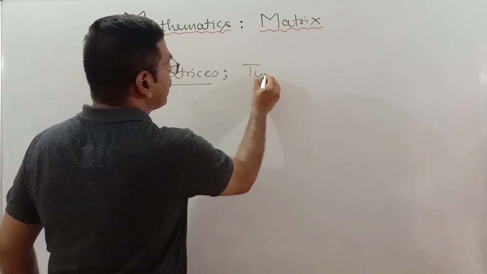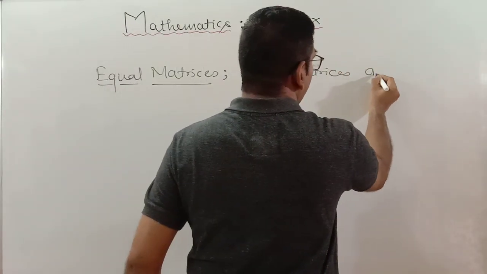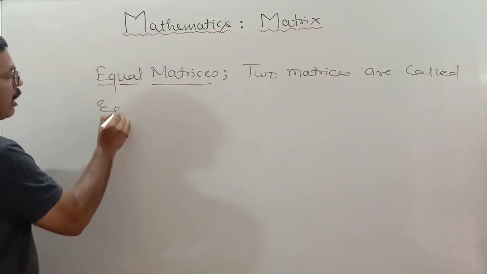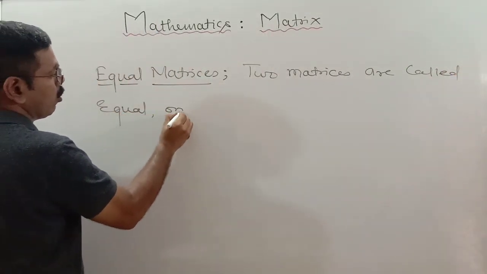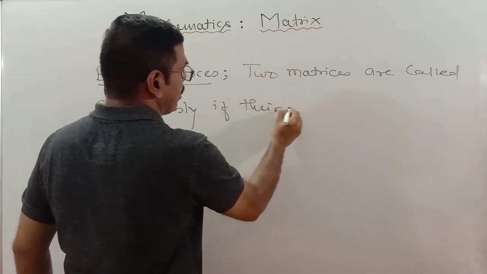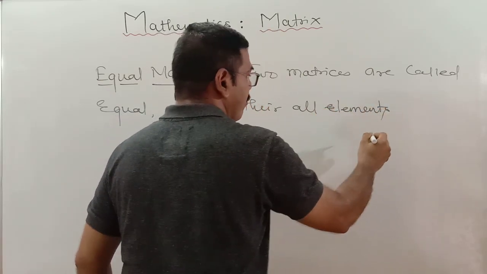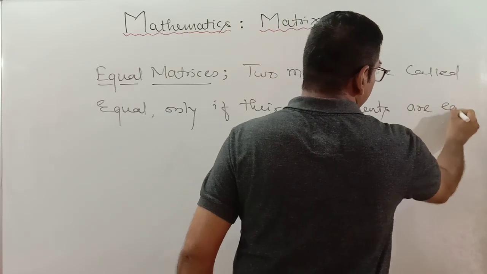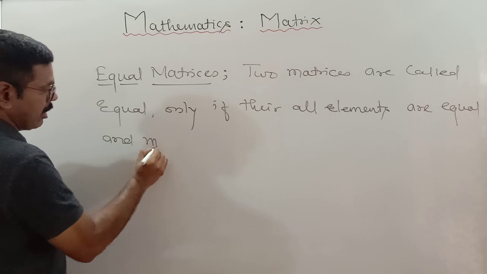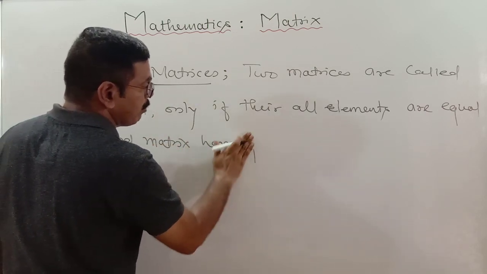Two matrices are called equal only if all their elements are equal and the matrices have the same order.